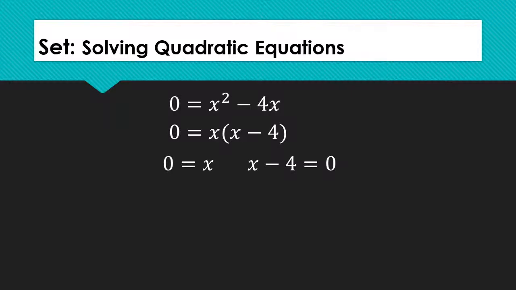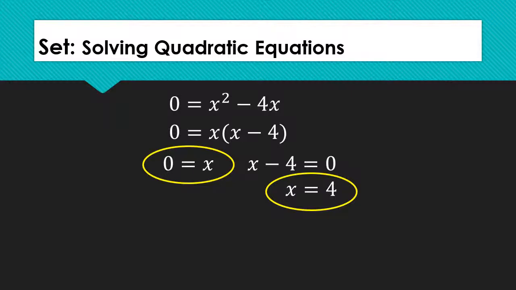On the left, we have x equals 0. On the right, we have x minus 4 equals 0. And for the right equation, we're going to use inverse operations in order to solve for x by adding 4 to each side. So our solutions are x equals 0 and x equals 4.